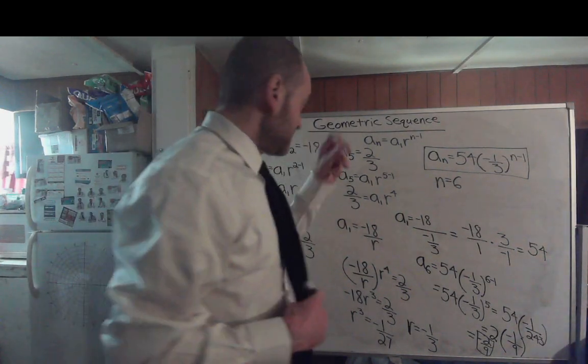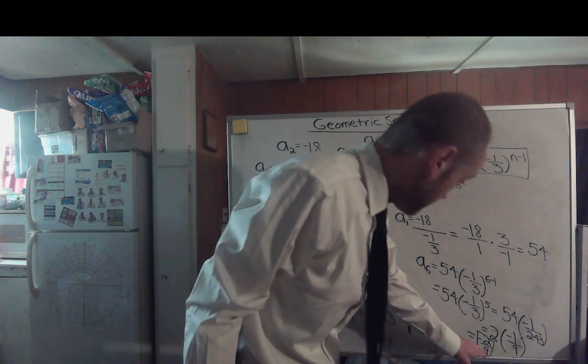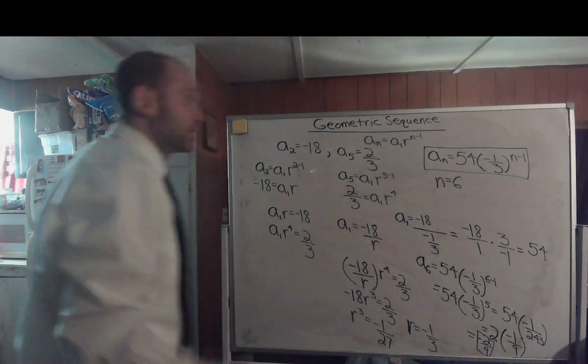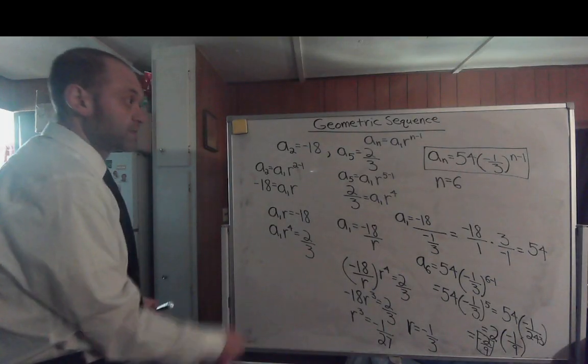So that means the sixth term should end up being negative 2/9 if I put that into the sequence.